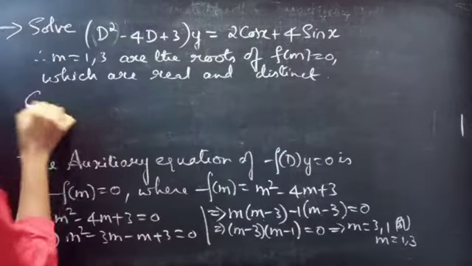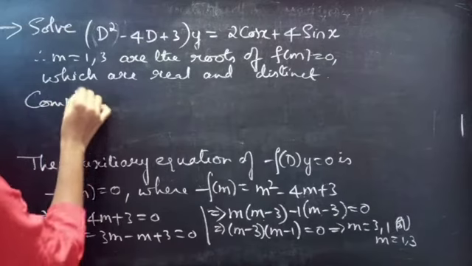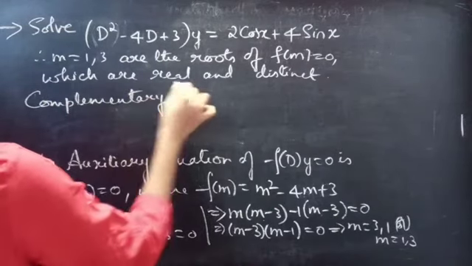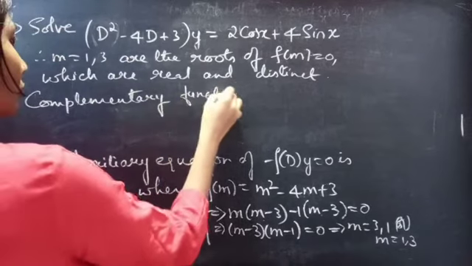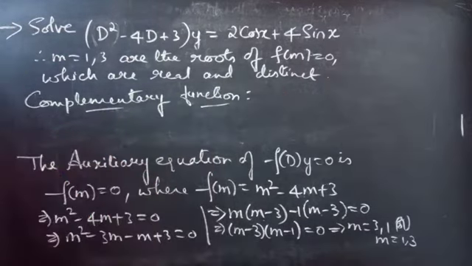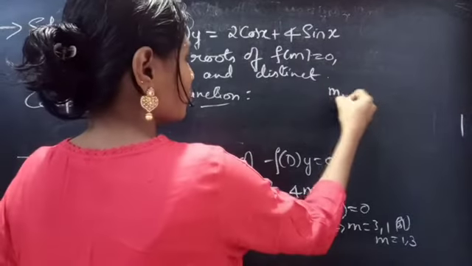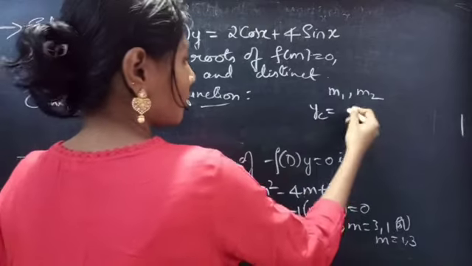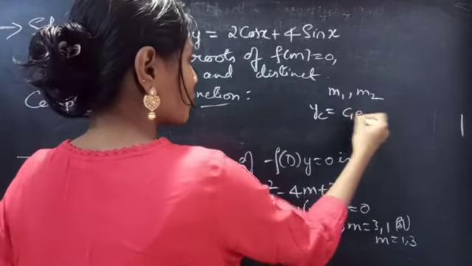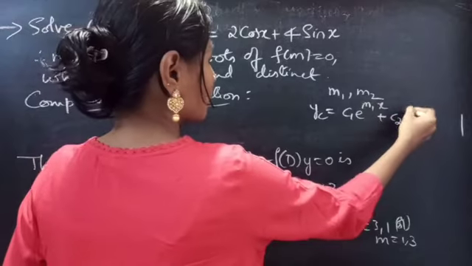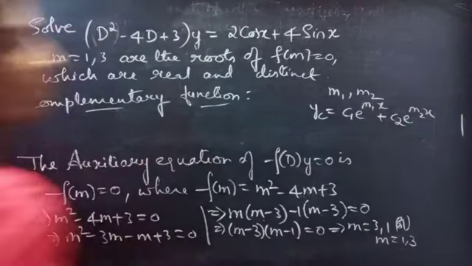Now let's write the complementary function. If two roots, say m1 and m2, are real and distinct, then our complementary function will be one constant into e to the power of one root into x plus the other constant into e to the power of the other root into x.